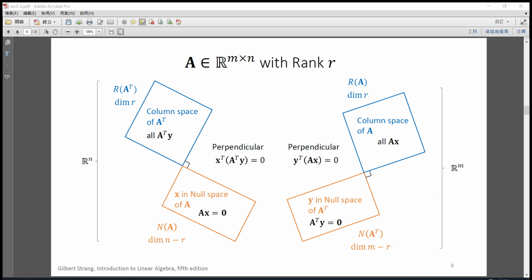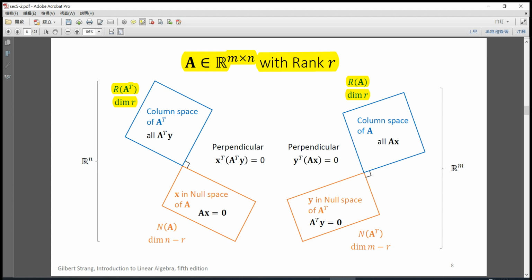Now suppose matrix A has rank r, then the dimension of R(A transpose) is r, and the dimension of the column space of A is also r.